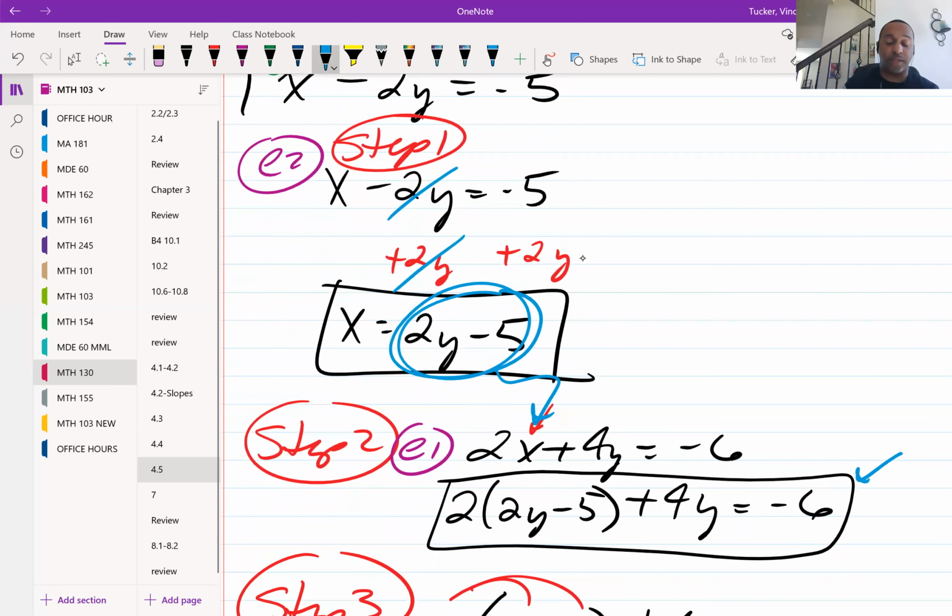Didn't do any calculation, just did the substitution. We took 2y minus 5, that's equal to x, and we plugged it in for x in the other equation. So this other equation was 2x plus 4y equal to -6. So now instead of x, you see 2 times 2y minus 5 plus 4y equal to -6, because x is equal to 2y minus 5.